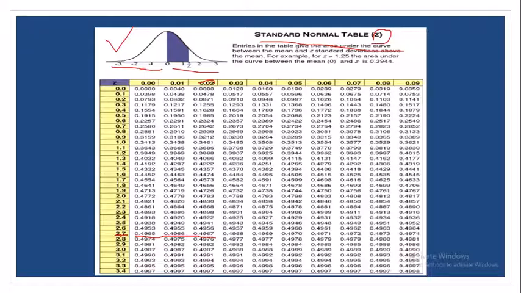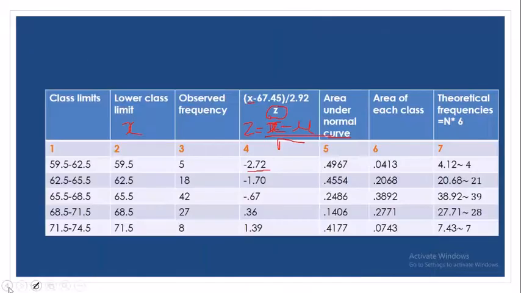For 2.72, the value is 0.4967. Let's see whether I have written that. Yes, 0.4967. So this is how you find the area under the normal curve when the Z value is given. So the first value I found out.